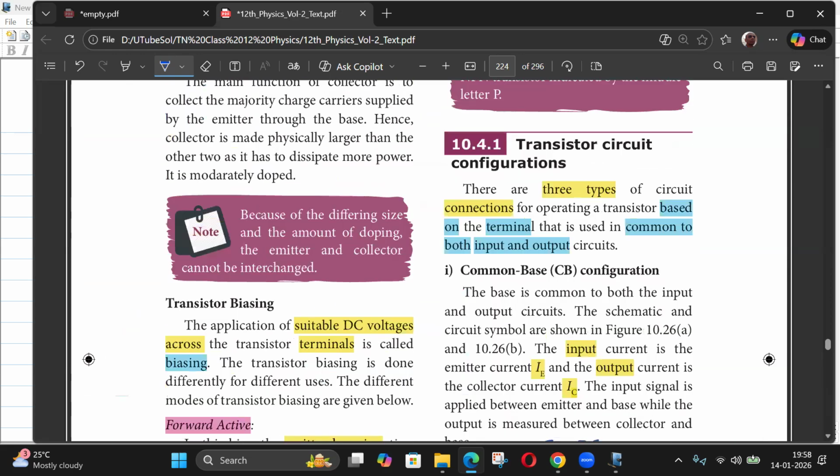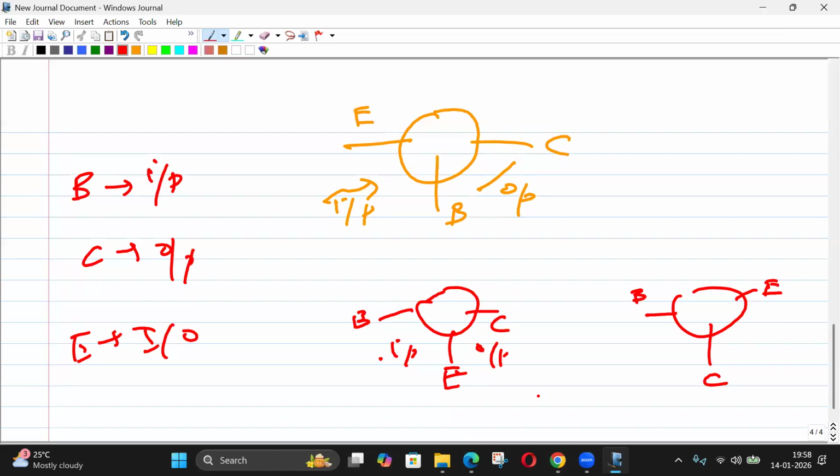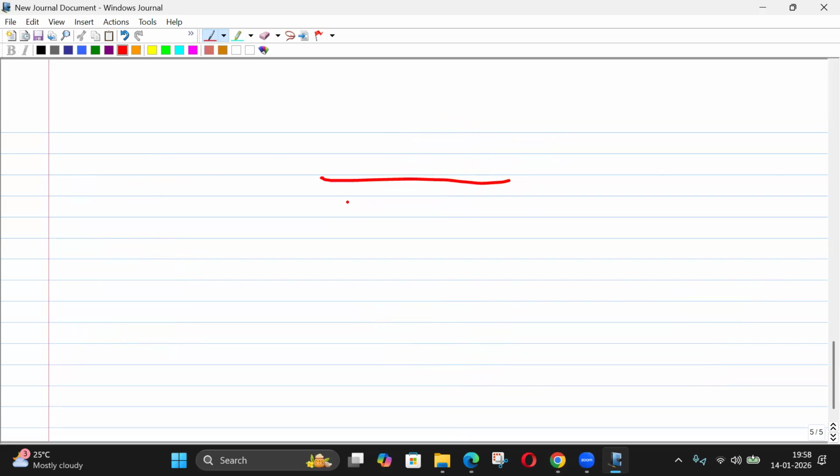See, these two junctions: the first possibility is this one is forward biased and this one is reverse biased.